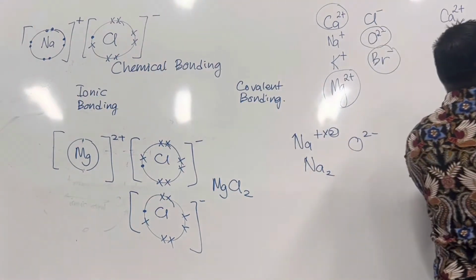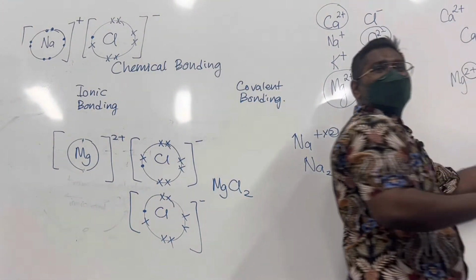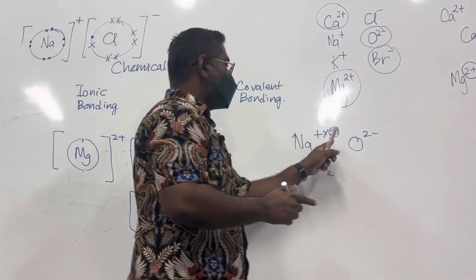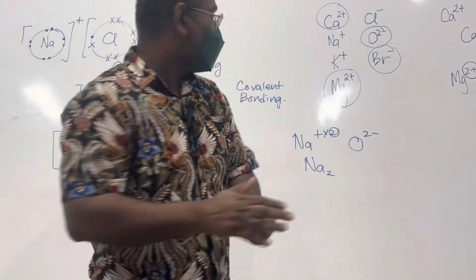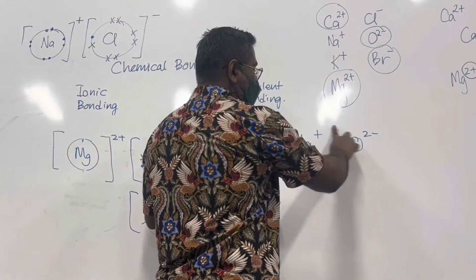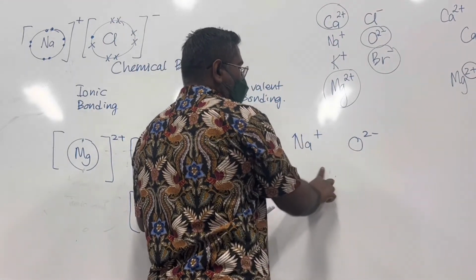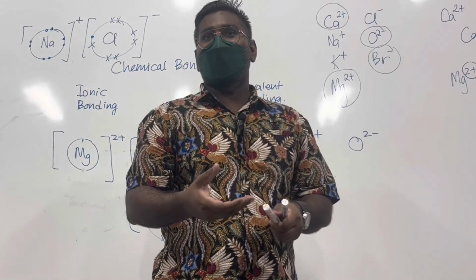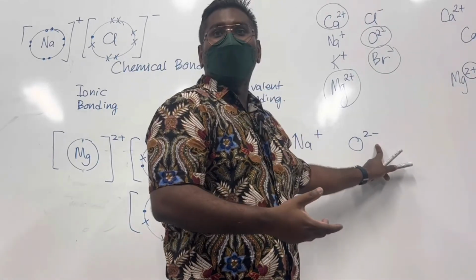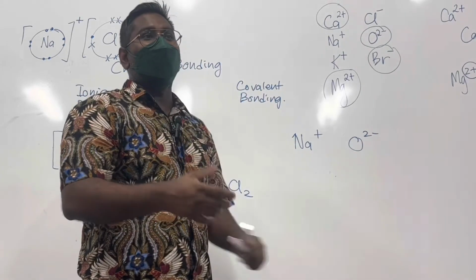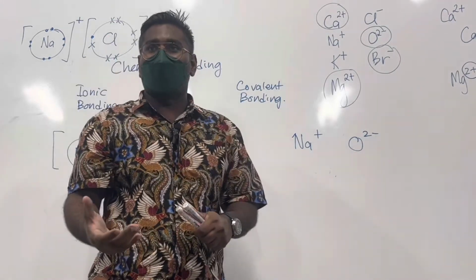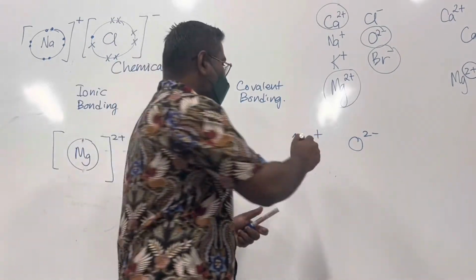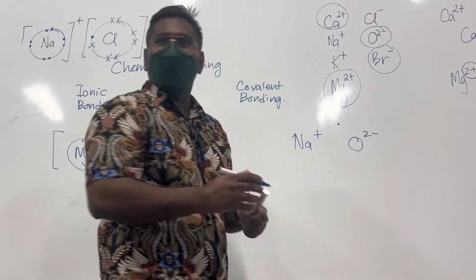Let me circle this. The one that you multiply. If you are not sure, you see here, Na+, oxygen is receiving 2 electrons. Sodium can only give you 1 electron. So 1 electron from 1 sodium.